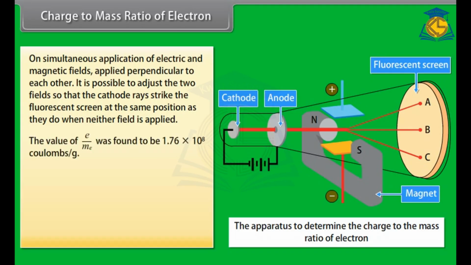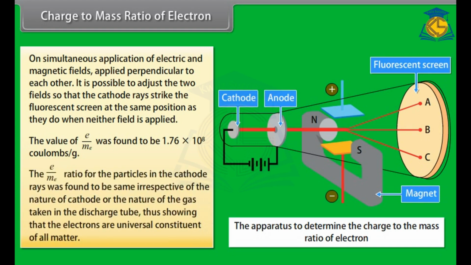The value of charge to mass ratio of the electrons was found to be 1.76 into 10 raised to the power 8 coulombs per gram. The e/m ratio for the particles in the cathode rays was found to be the same irrespective of the nature of the cathode or the nature of the gas taken in the discharge tube, thus showing that the electrons are a universal constituent of all matter. Charge on the electron.